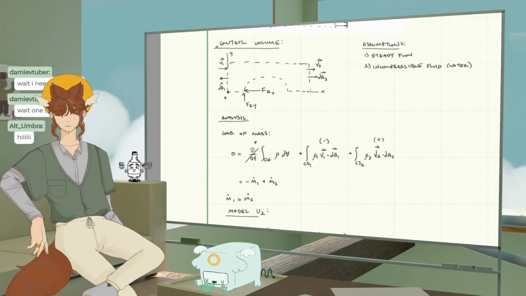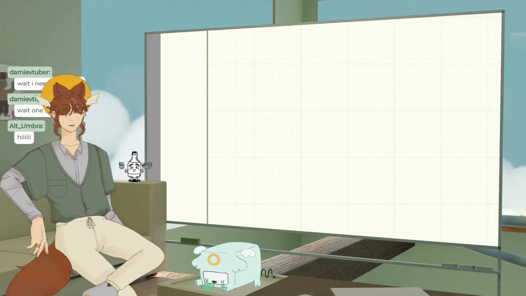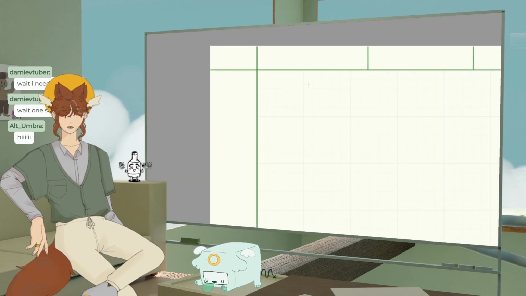Okay, so we're going to go over stuff roughly from pressure gradients, so pressure stuff, to the beginnings of control volume analysis. We're not going to talk about fluids moving and the no slip condition.